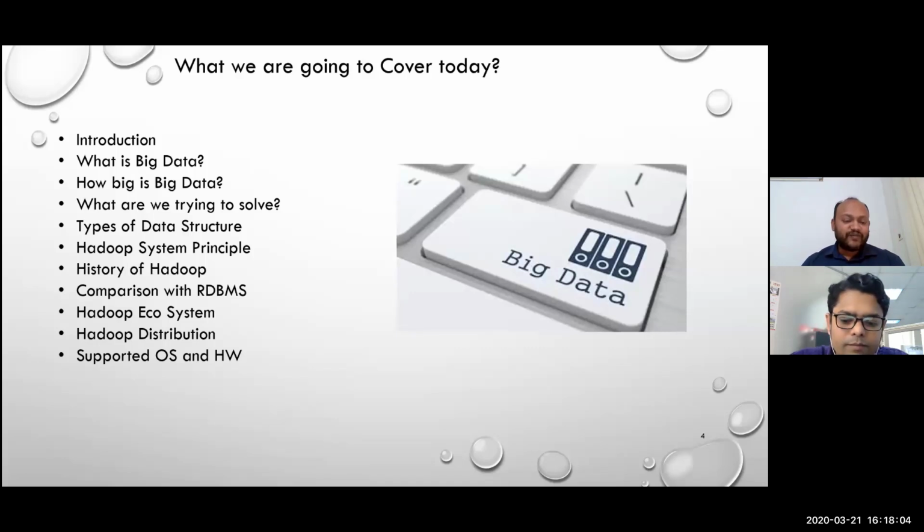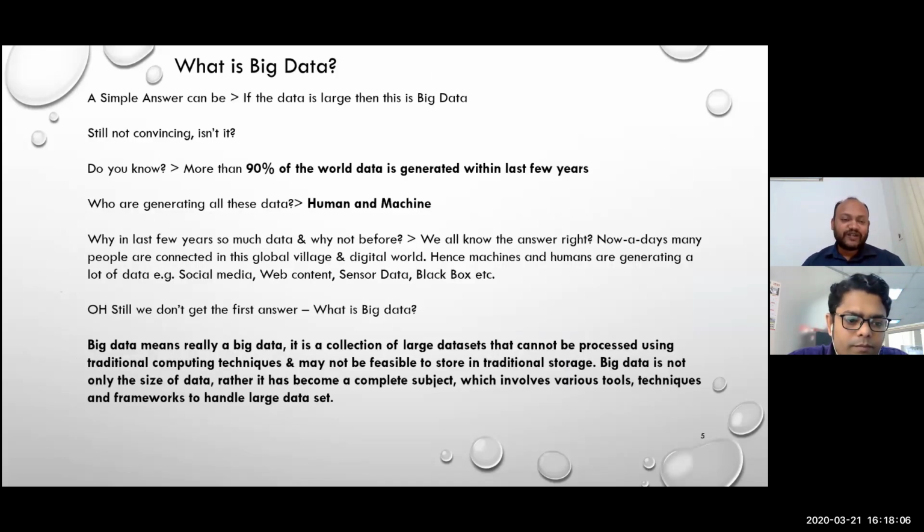So let's start with the very first: what is big data? We are now in an age where we regularly deal with big data. The very first example that I would like to give is Google search. We write something and Google gives us a lot of relevant results within milliseconds.